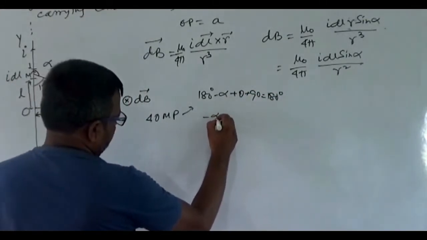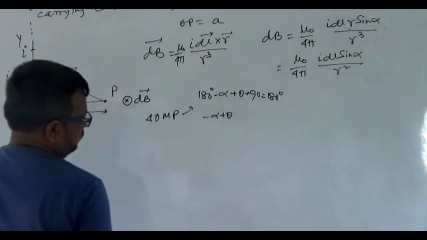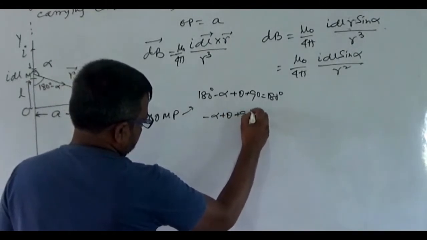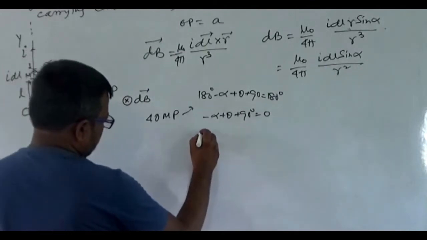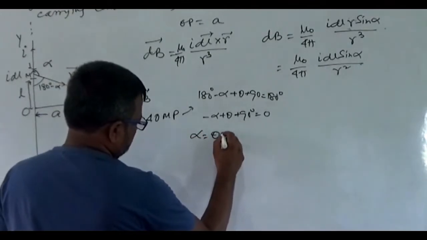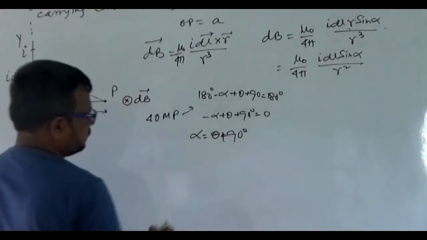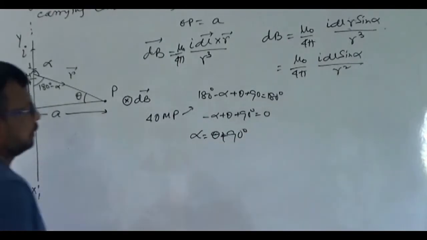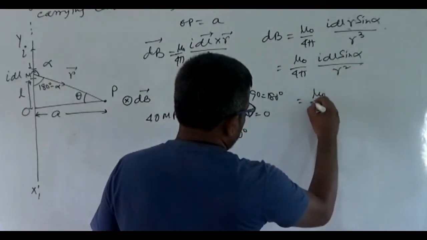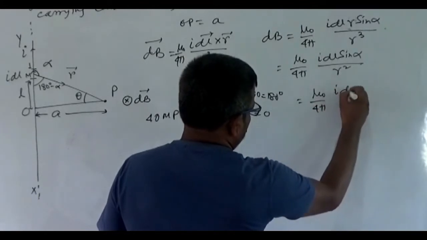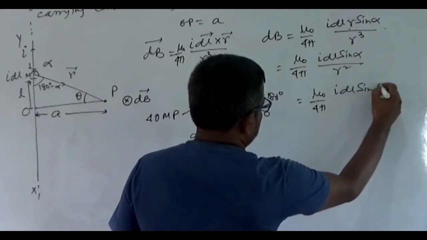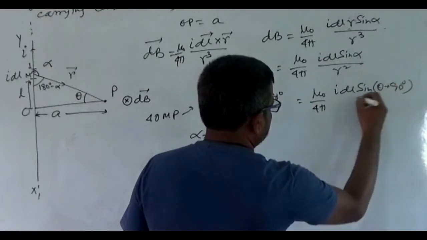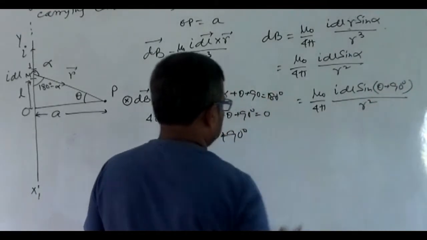Therefore minus alpha plus theta plus 90 degree is equal to 0, or alpha is equal to theta plus 90 degree. Therefore dB equals mu naught by 4 pi, Idl sin of theta plus 90 degree divided by r square.